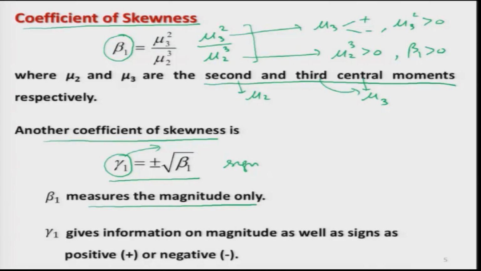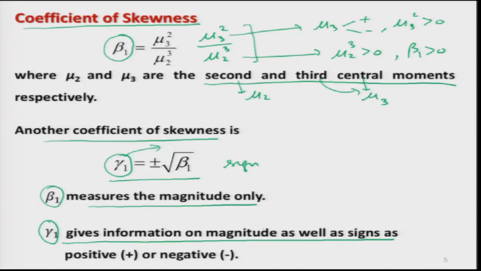When I combine the information obtained by beta 1, this gamma 1 will give us the information on the magnitude as well as the sign. Sign can be positive, sign can be negative, indicating the positive or negative skewness. So, this is the basic difference between the two measures beta 1 and gamma 1.